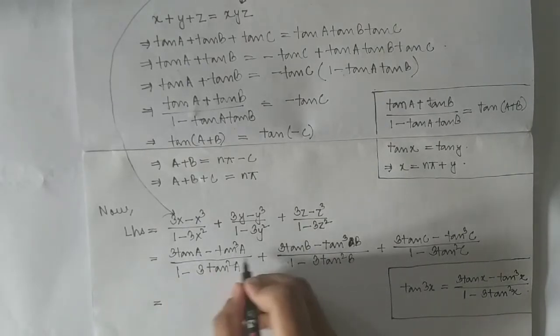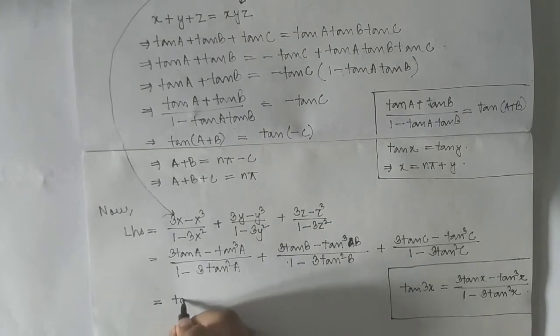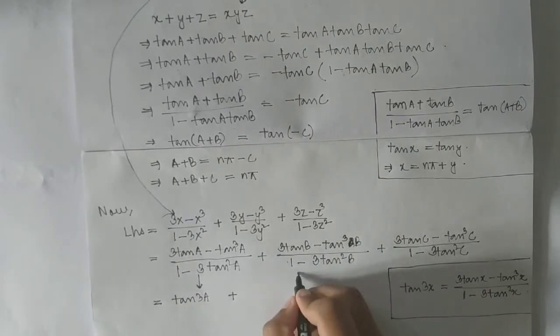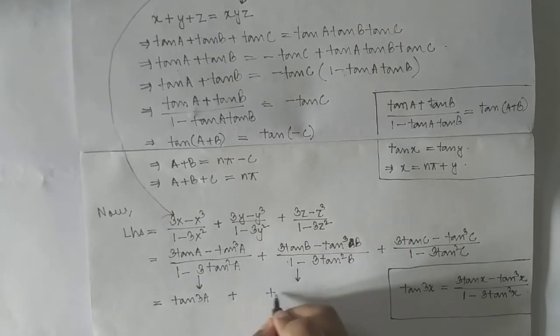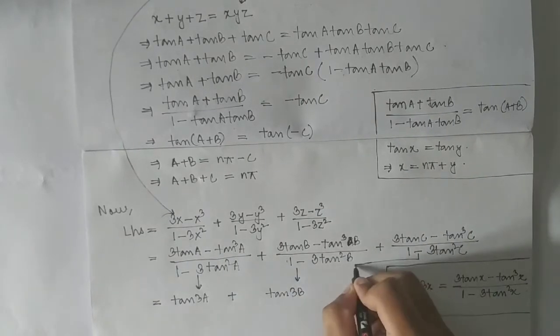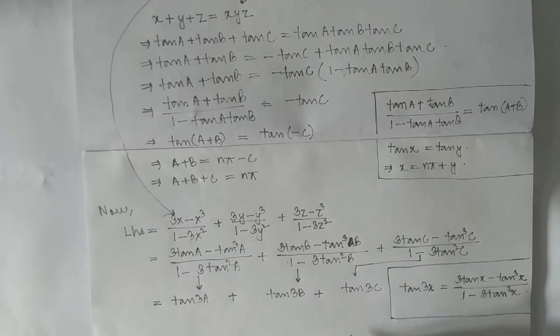So (3 tan A minus tan cube A) divided by (1 minus 3 tan square A) will become tan of 3A. Similarly, this term will become tan of 3B, and this term will become tan of 3C.